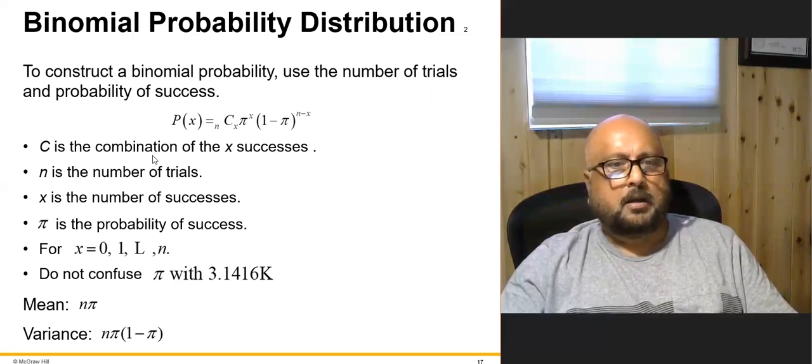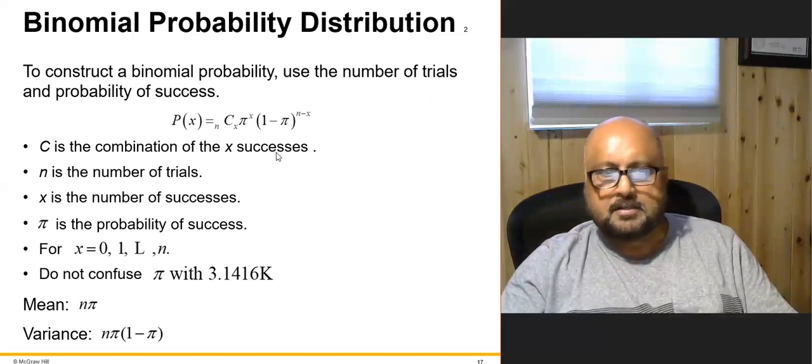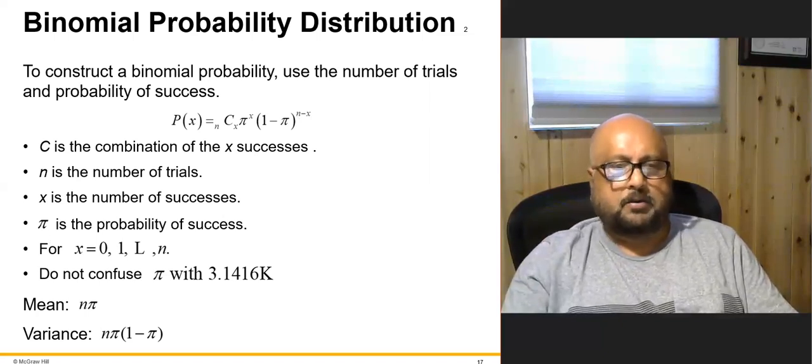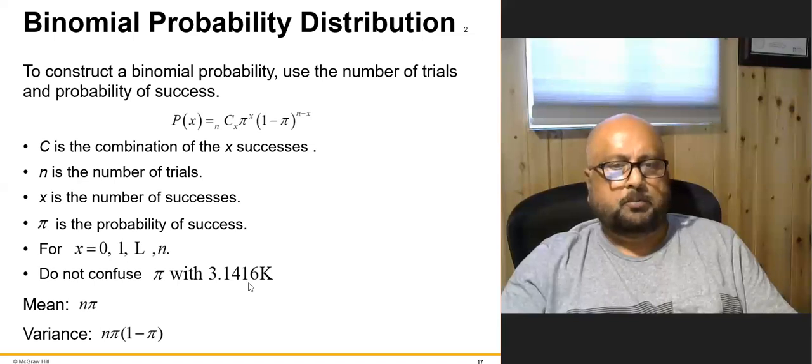C is a combination, x is the number of successes, n is the number of trials. Pi is not the pi value you know from math, like 22/7, which is equal to 3.14. But pi here is the probability of success given to us.